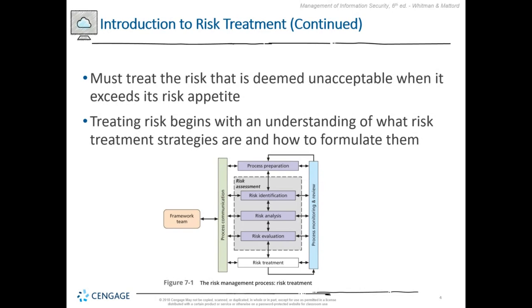So you must treat risk that is deemed unacceptable when it exceeds the risk appetite. The treatment of risk begins with understanding what risk treatment strategies are and how to formulate them.